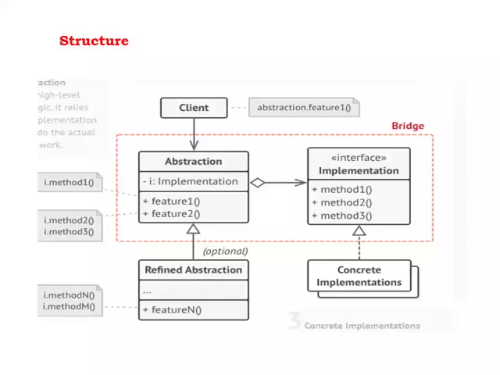The next participant, concrete implementations, contains platform-specific code. The next one is refined abstractions. They provide variants of control logic like their parent. They work with different implementations via the general implementation interface.